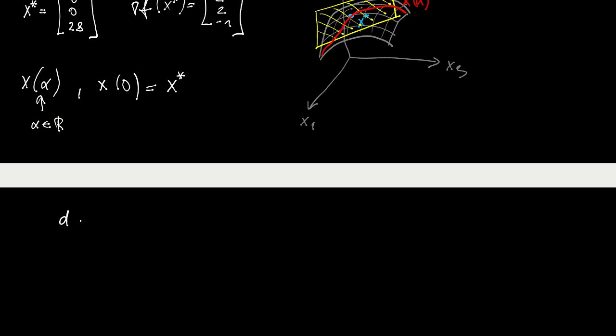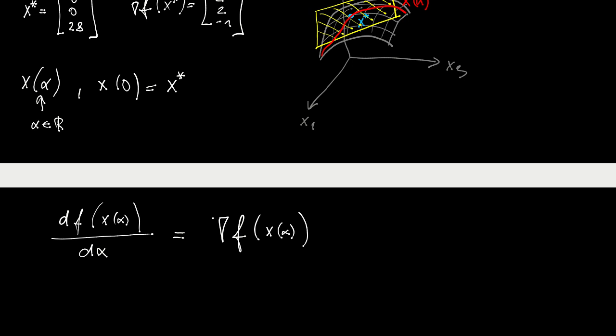That means the derivative of f of x of alpha with respect to alpha. I will again invoke the chain rule for differentiation, and I will obtain the gradient of f at x of alpha. Now, since this is a column vector, I need to transpose it and multiply it by the derivative of the argument, which is the derivative of x with respect to alpha.